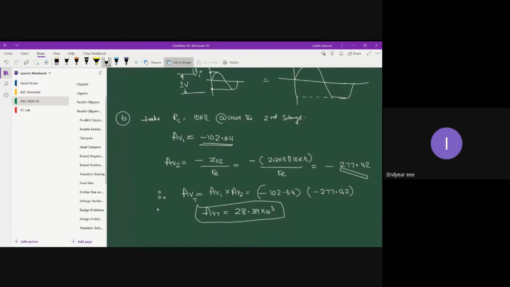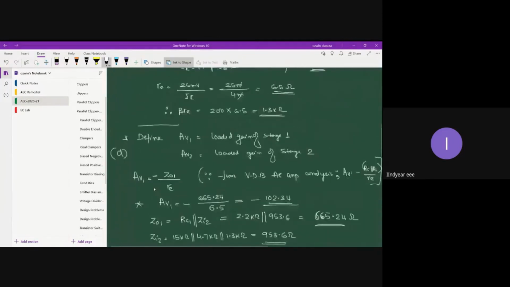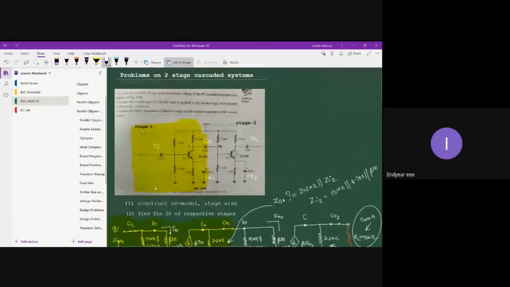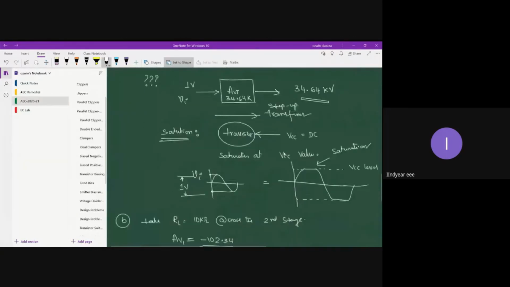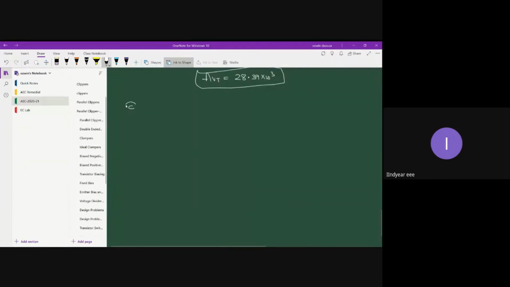Okay, the last part is to calculate the input impedance of the first stage and the output impedance of the second stage, which is very easy. Part C, you can write the input impedance of the first stage, let's say Zi1.